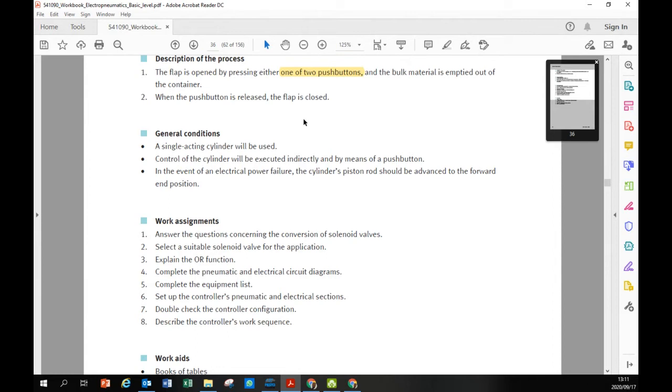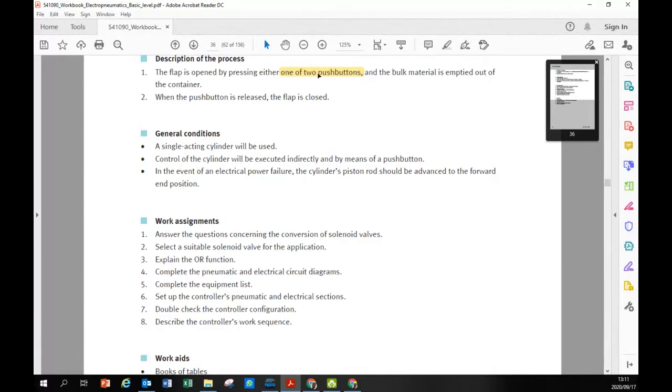If you are informed how many push buttons can start the process, you don't need to surprise yourself. First thing first, put two push buttons on your circuit. Are we clear? Put two push buttons on the circuit.